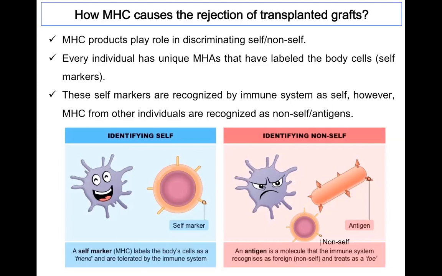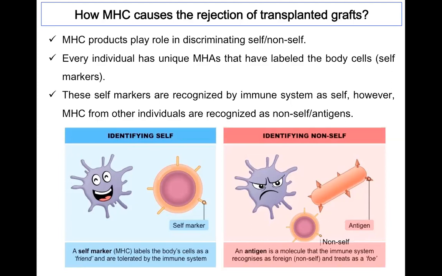Self marker MHCs label the body cells as a friend and are tolerated by the immune system. If the tissue comes from the same individual, our body recognizes it as self, with self genes, considers it a friend, and the tissue is accepted.